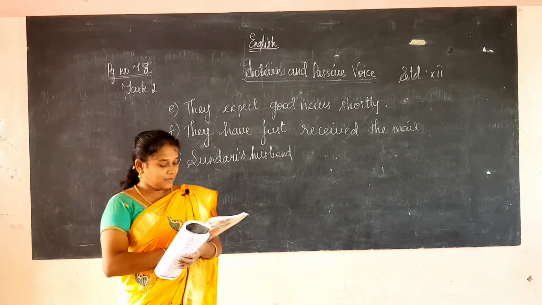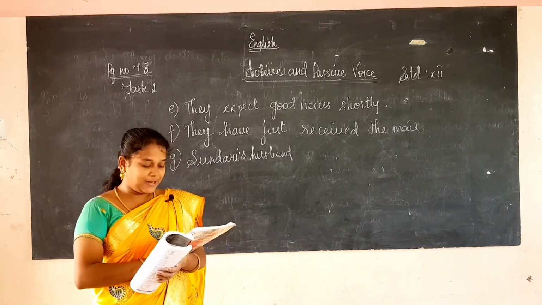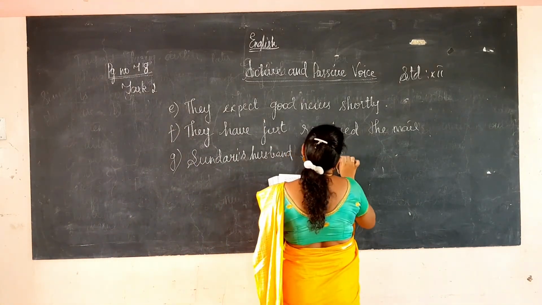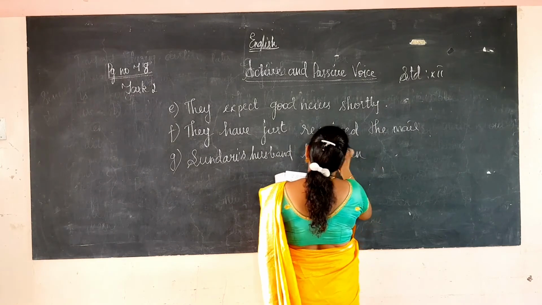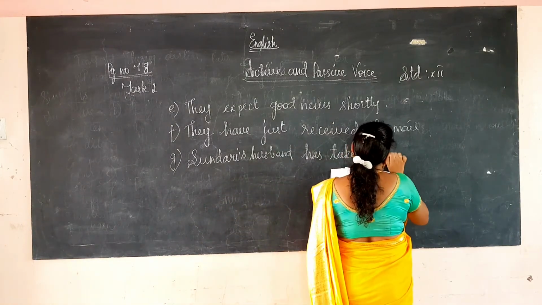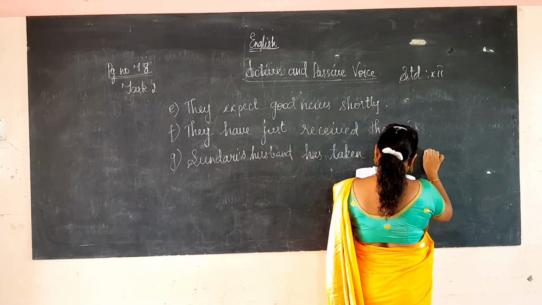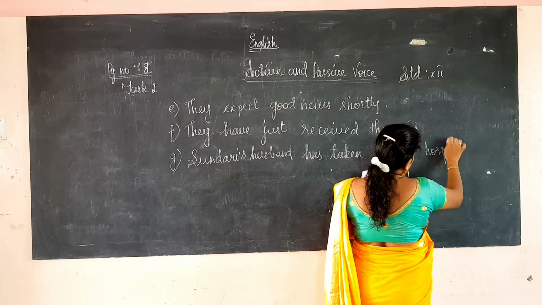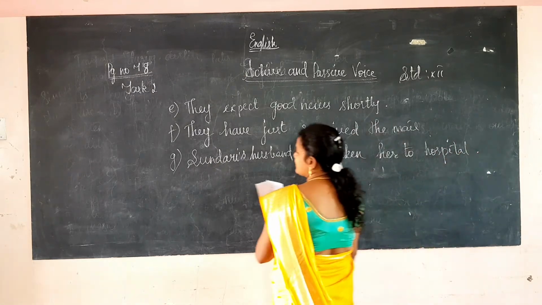Sundari's husband has been, we have to change into has taken. Has been will convert into has taken. Sundari's husband has taken her to the hospital. Okay, this is how we have to change.